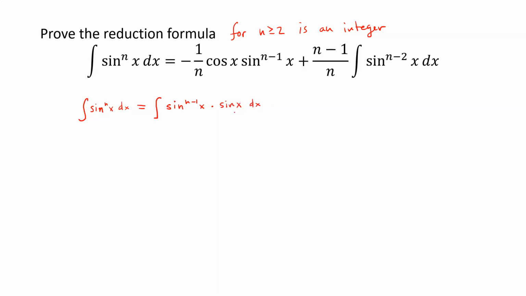So it's going to reduce the power of sine to the n by 1 here, so it becomes sine to the n minus 1 times sine x. Okay. And then, after I've split it up like this, I'm going to do parts. Okay. And the way I'm choosing the parts here, this will be my u, and this will be my dv.